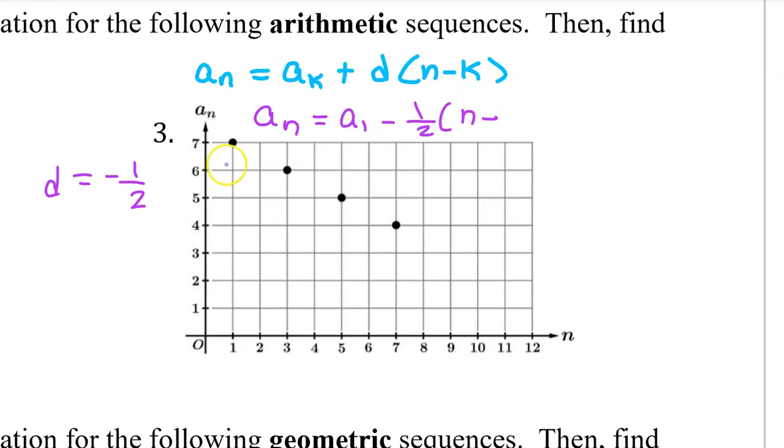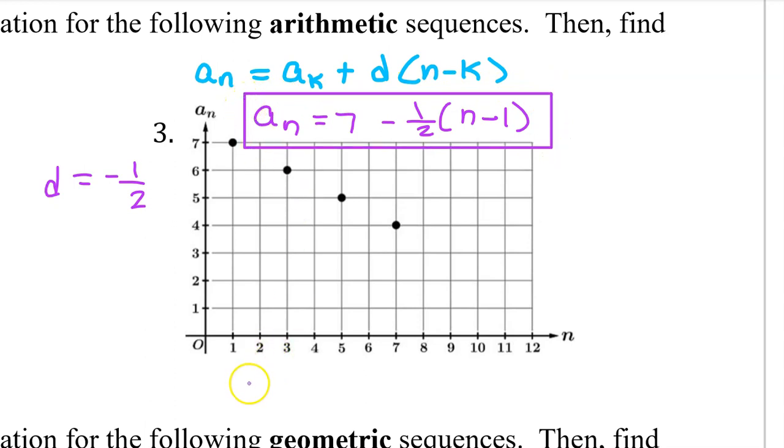That's n minus 1 if I use this point right here. But of course a1 is 7. So to save time, I think I will just erase the a1. I just put a1 here so you can see where the 1 is coming from. But it is really a 7. So this is the rule right here.